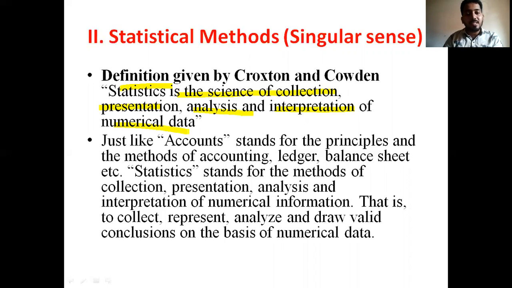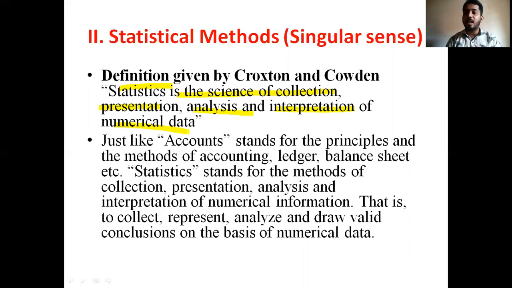The next characteristic highlighted by Croxton and Cowden is analysis. They say statistics is a process of analyzing the numerical data. Now, what is analysis? In Kannada, we say vishleshane.